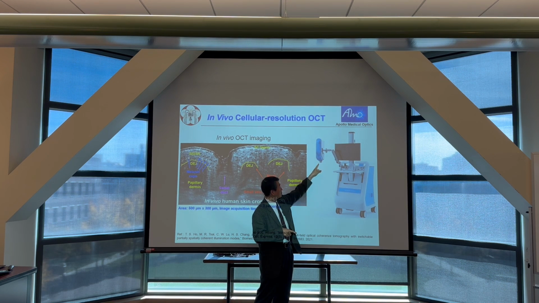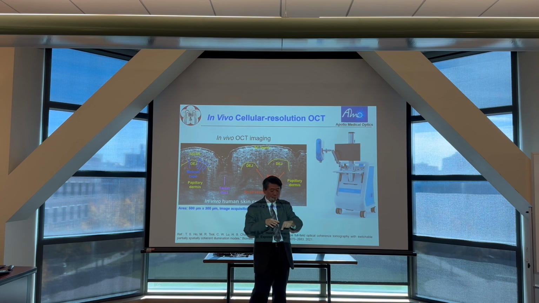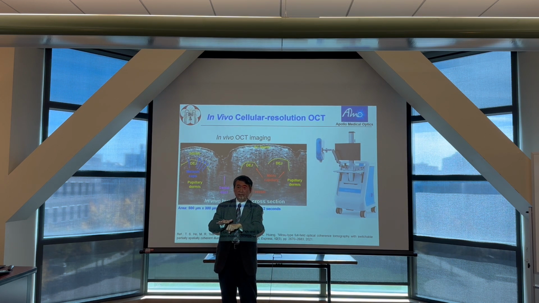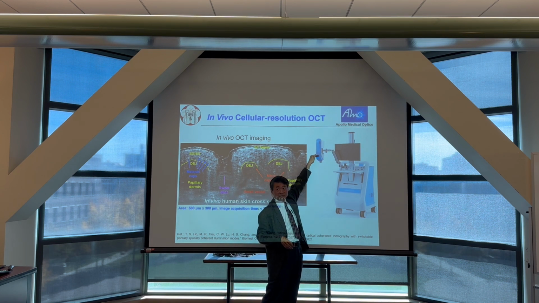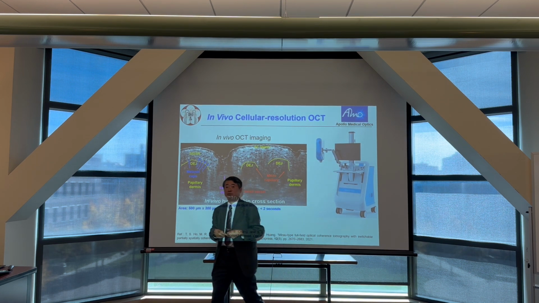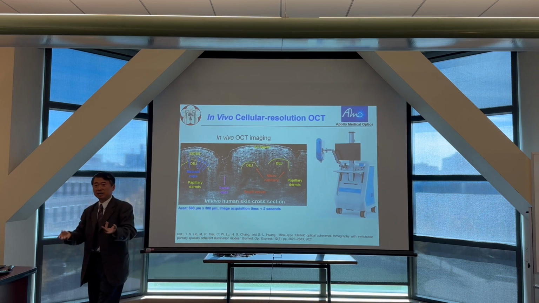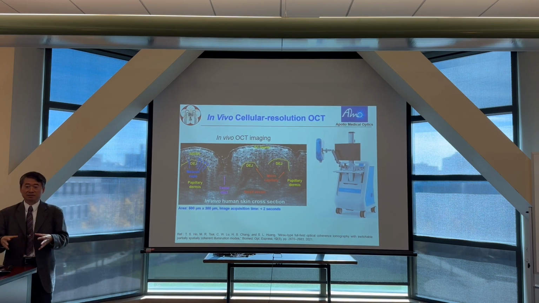In the future, we are trying to also have a lateral scan, because each field of view is about 500 micron width by a depth of about 400 microns. For some lesions, this may be too small. But if you have a linear stage, you can scan a larger area. That depends on the kind of disease. The physician can decide how big an area they want to image.